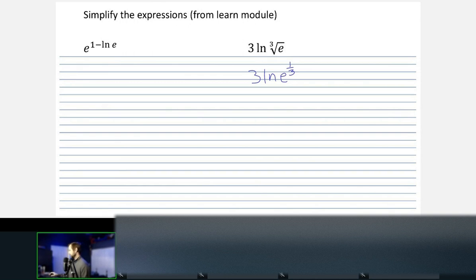A lot of you moved the 1/3 in front, and that's okay. There are many ways to approach this problem. So natural log of e we know is 1. Basically like that last problem, right? Yeah, that's how we get 1.